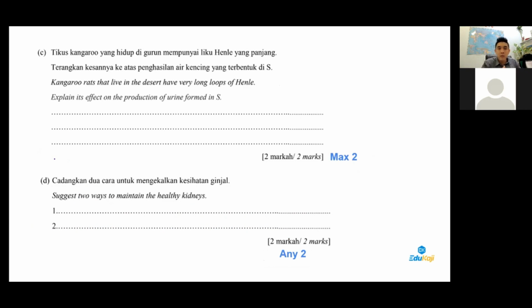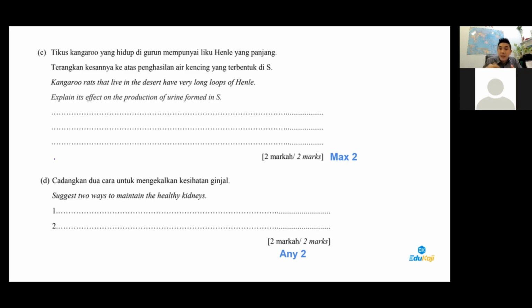Kangaroo rats. Kangaroo rats live in the desert and have a very long loop of Henle. Explain the effect on production of urine. So guys, because of the long loop of Henle, there's more water reabsorption, less urine produced.